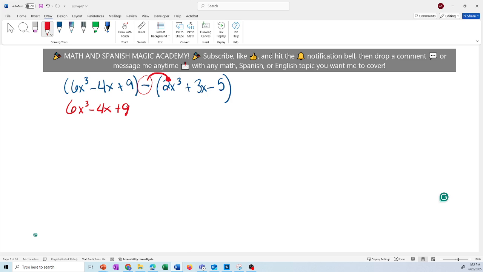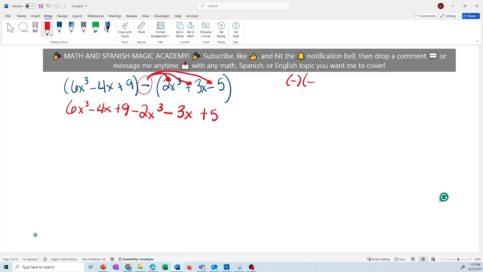Negative times 2x cubed is negative 2x cubed. Then negative times positive 3x is negative 3x, because negative times positive is negative. And then look at this, negative times negative 5. Negative times negative is positive, so positive 5. So remember the rules.